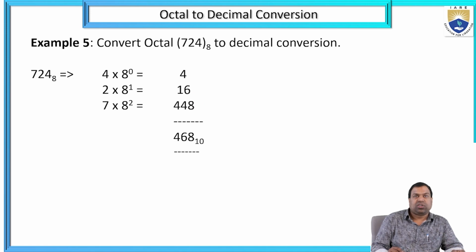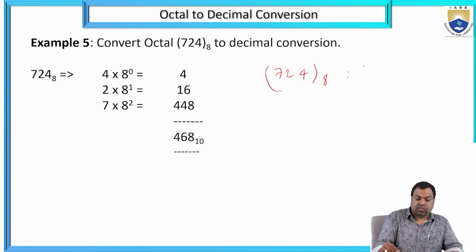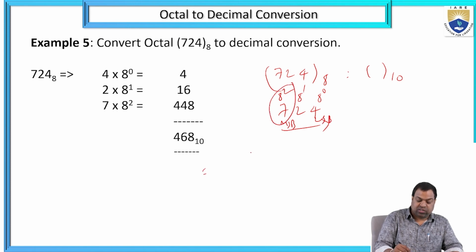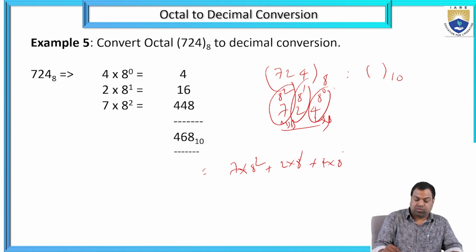Another example, convert the octal number 724 base 8 to a decimal number. So 724, 8 power 0, 8 power 1, 8 square. From MSB to LSB, that means 7 into 8 square plus 2 into 8 power 1 plus 4 into 8 power 0.